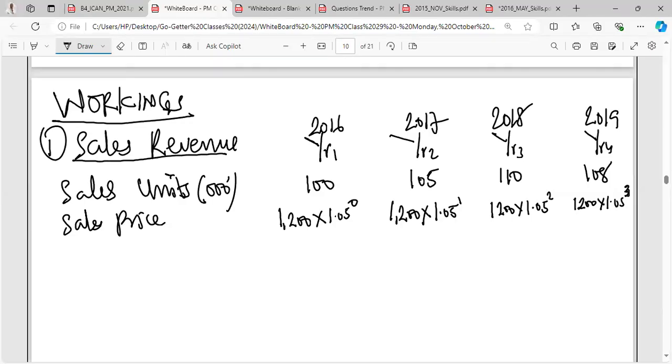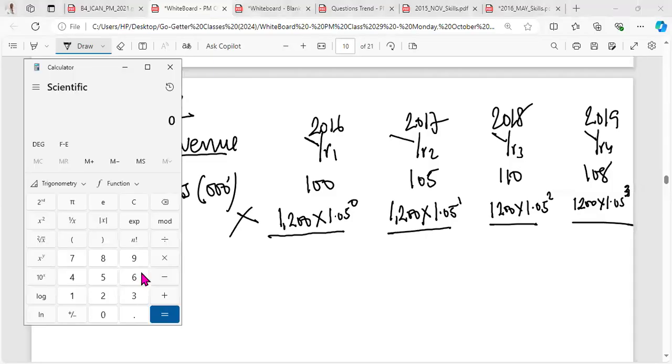So when we do that, we are going to be getting our revenue. So this is going to be selling price times quantity. So let's work it out now together. Now, this is how we'll do it. We'll start with the one that has raised to power something. 1.05, we have raised to power 0. That will give us 1.